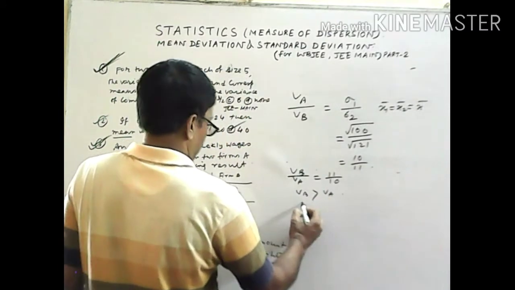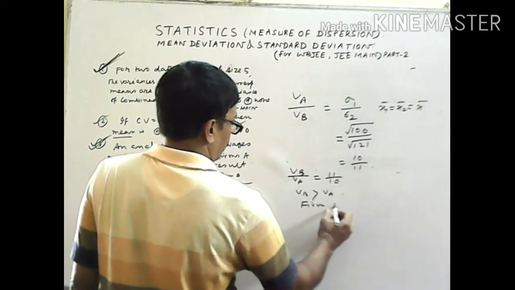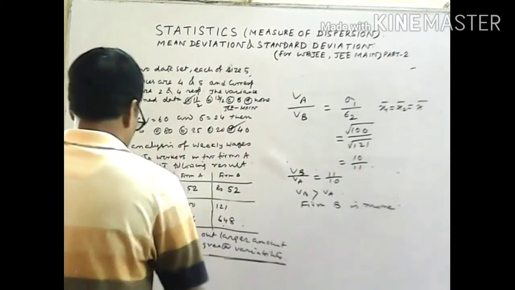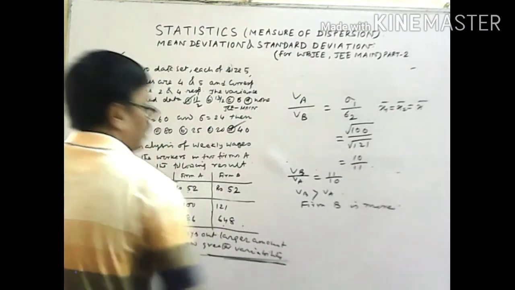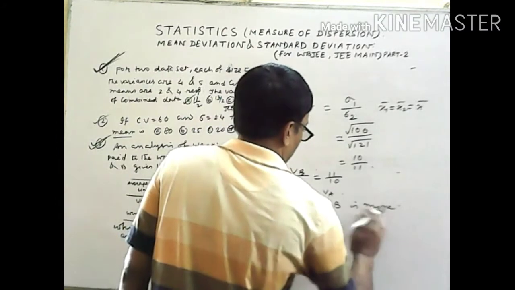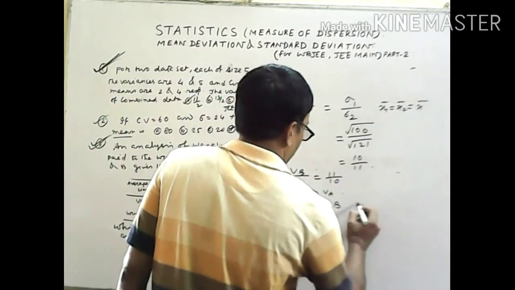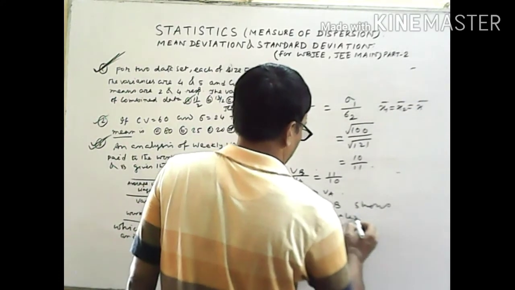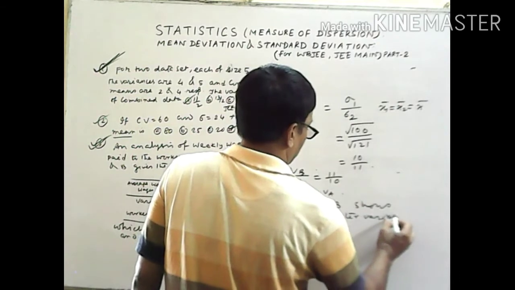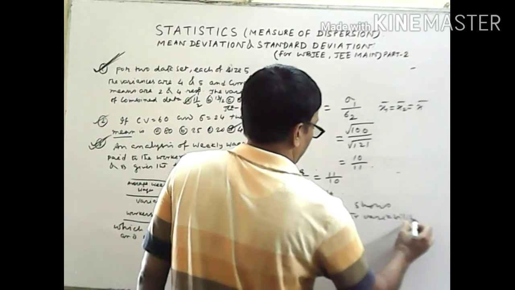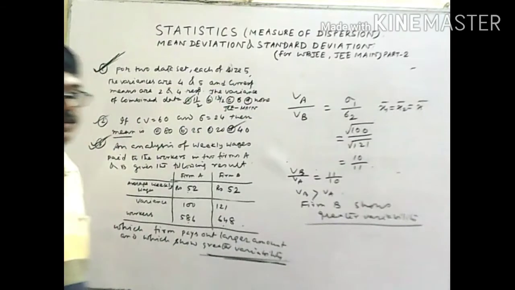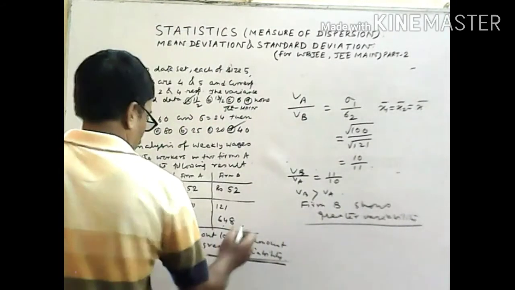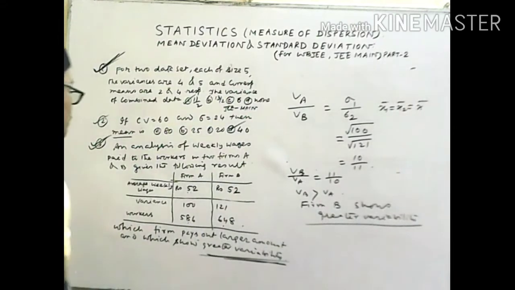So firm B shows greater variability, that is, less consistent.